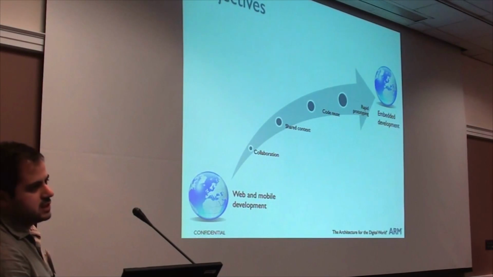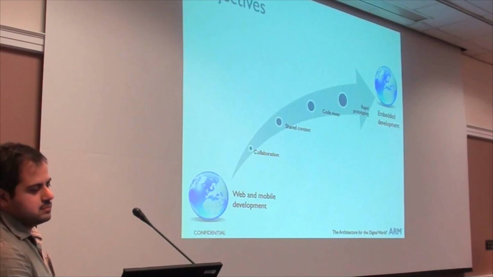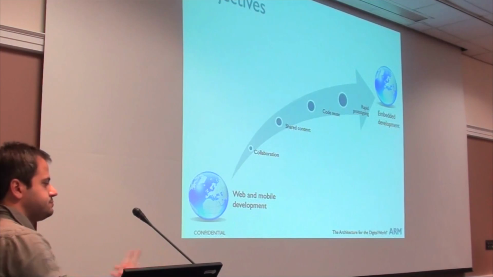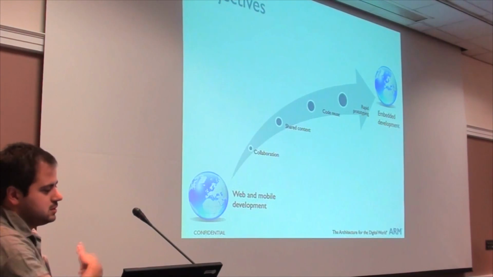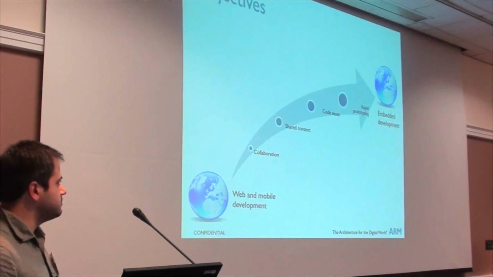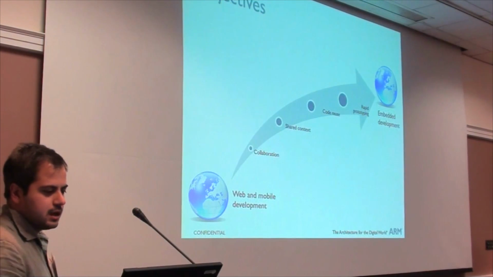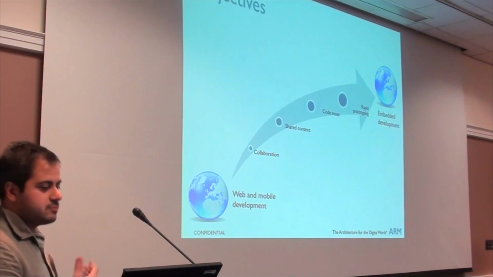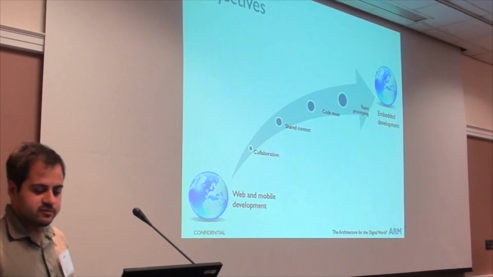So things like collaboration and the shared context of being able to reproduce what you're seeing in front of a computer, which I'll go on to more. Code reuse, so not reinventing the wheel every time, and rapid prototyping, which is effectively the sum of that.